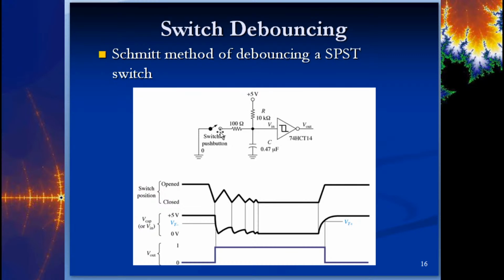So while the switch is open, the only thing that this circuit is doing is going from the 5 volts to the ground, and it's charging. It's just another RC circuit here. Initially, all the voltage is on the resistor, and then eventually it transfers over here to the capacitor.